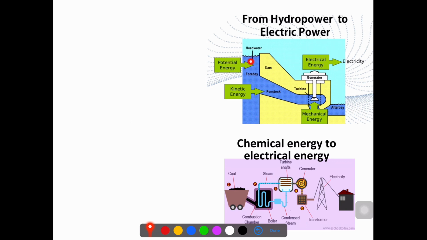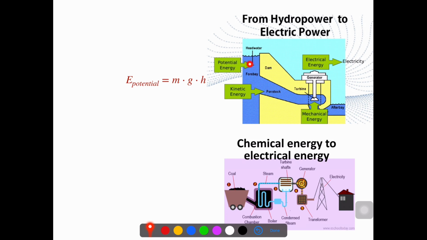Water contains higher potential energy when it is at a height, because the potential energy of an object at a certain height from the ground can be calculated using this formula: mass times acceleration due to gravity times the height of the object from the ground. That's going to give you the potential energy of the object relative to the ground. Objects that are elevated contain higher potential energy.